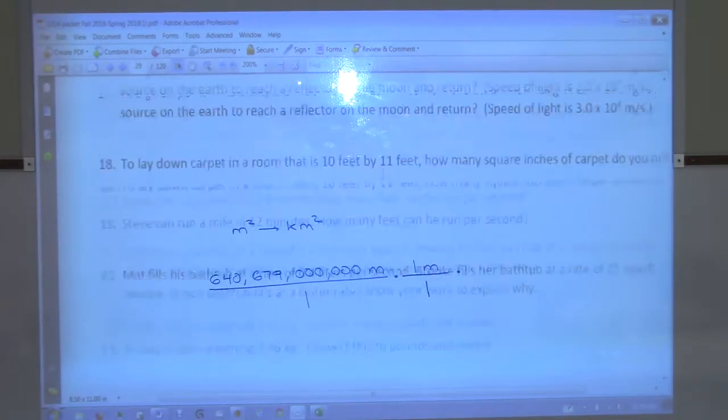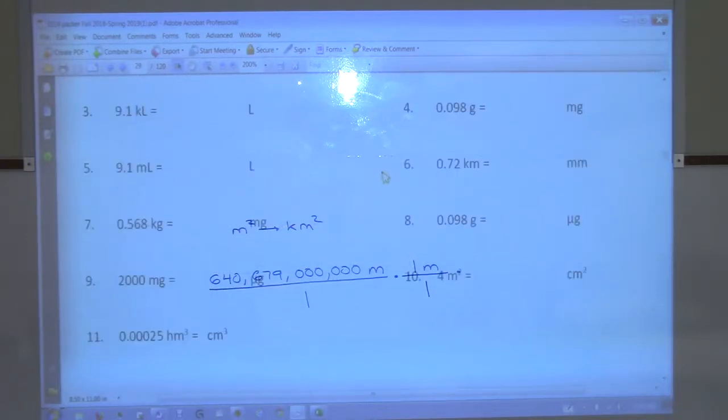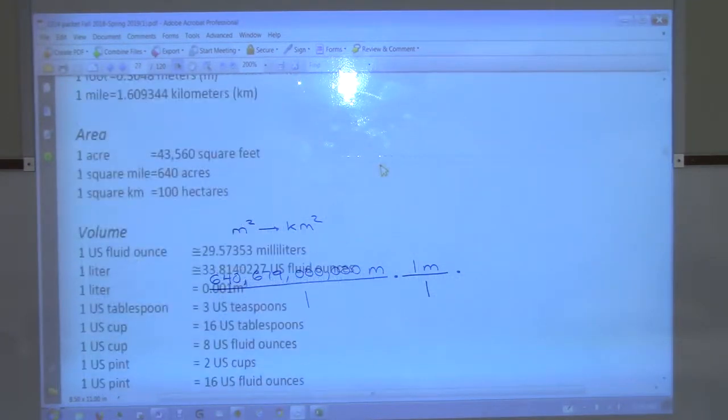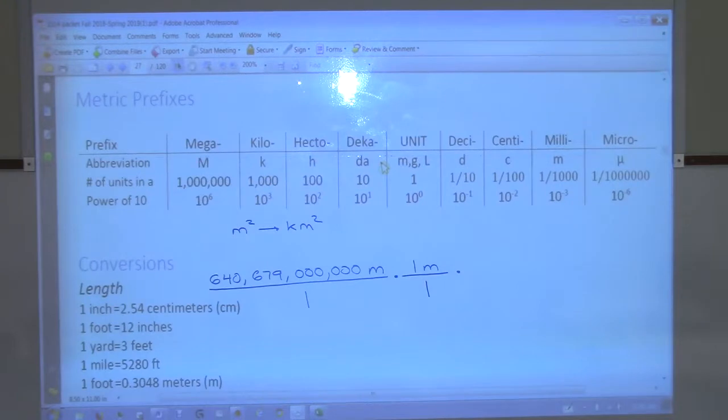I'm going to do a conversion factor instead of moving decimals, because it works exactly the same way. So meter here is our basic unit. A kilometer is how many of those basic units? It's 1,000, right? So there are 1,000 meters in 1 kilometer.